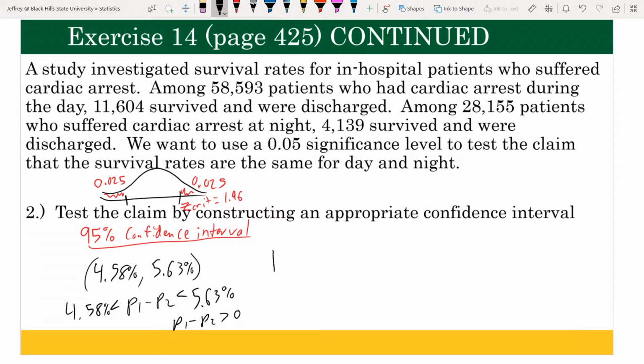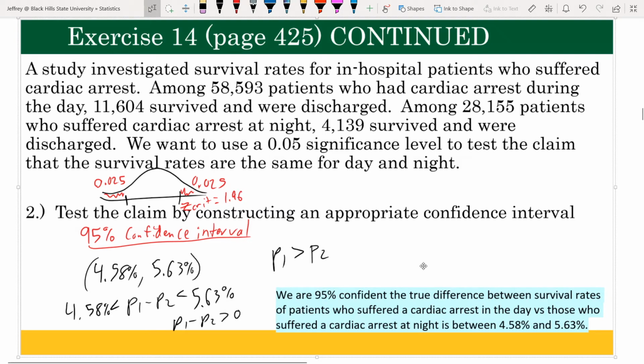This suggests that p1 is greater than p2, or the survival rate of those who had a cardiac arrest in the day had a higher survival rate than those who had a cardiac arrest at night.